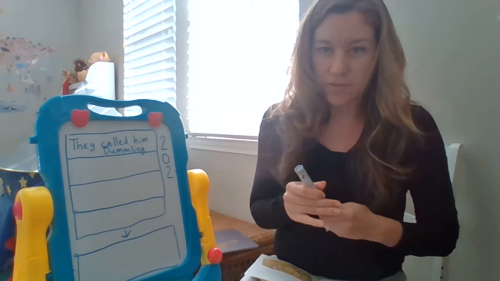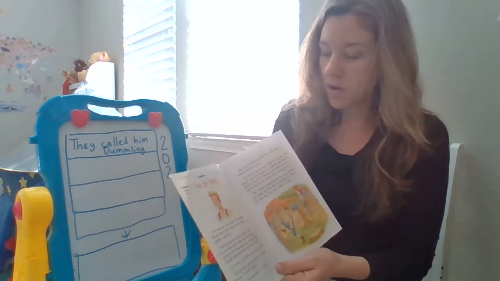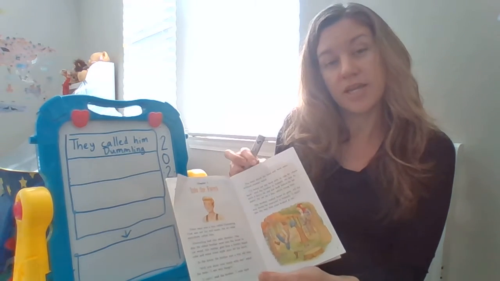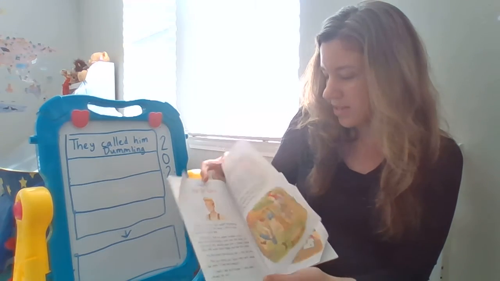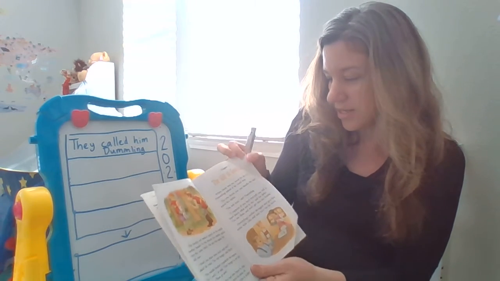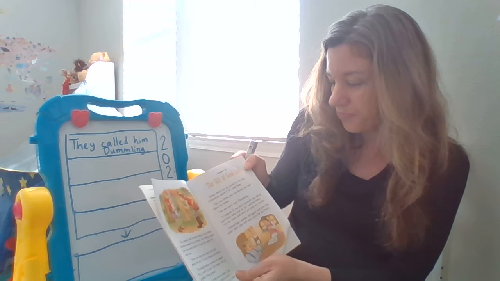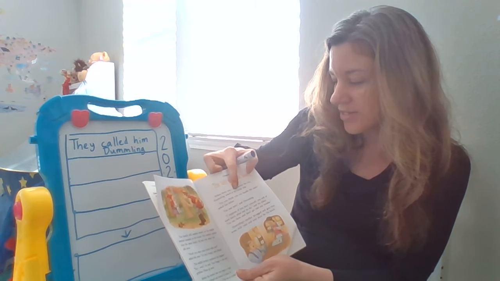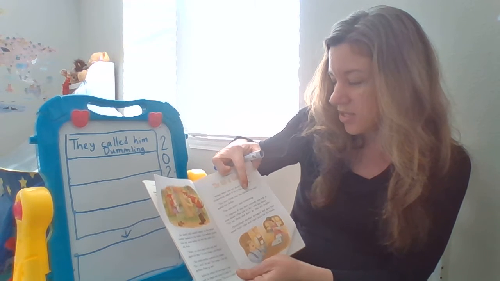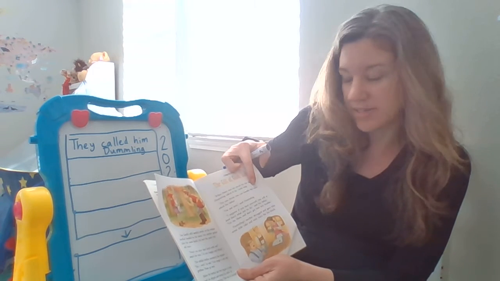As you continue to read through the story, you're on the lookout for other clues that indicate how the characters feel toward Dummling. The next thing I spot is in chapter 2, and it says, "When there was no wood for the fire, Dummling asked if he could help. 'Do you think you can handle the task?' asked his father.